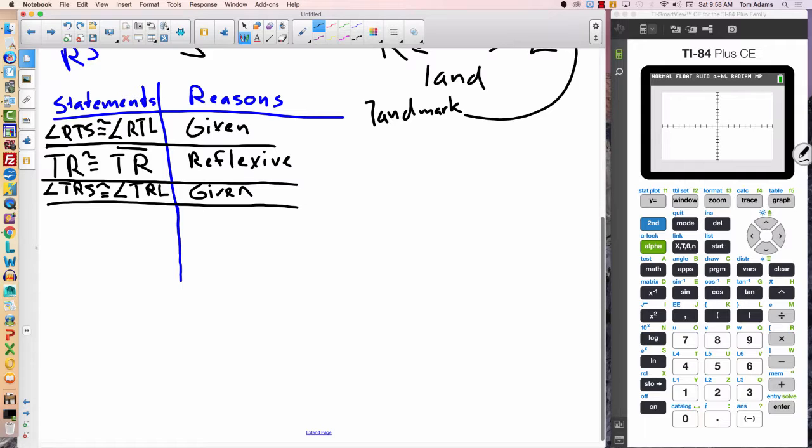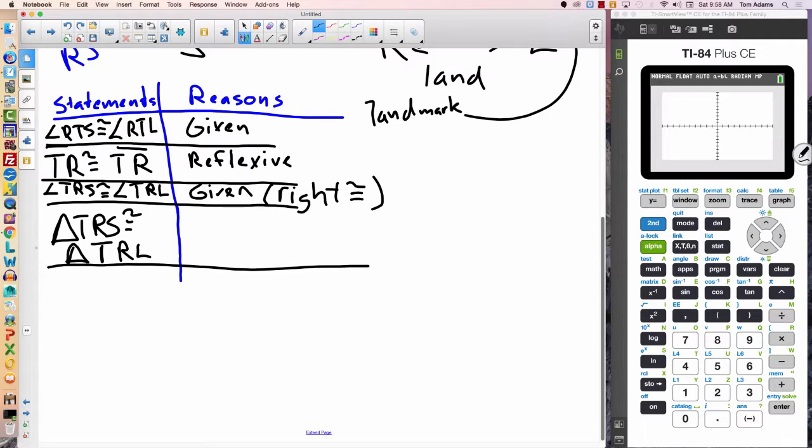So now, I should say given, but I think the textbook says that all right angles are congruent. Okay. So basically, in those steps, the next step I have is that the triangle TRS is congruent to triangle TRL.